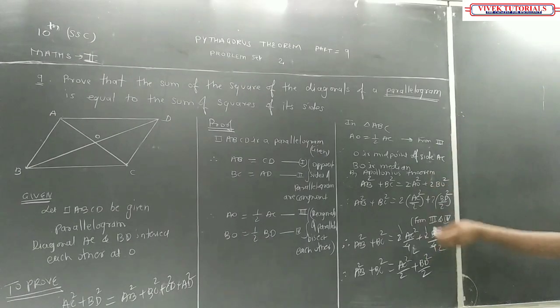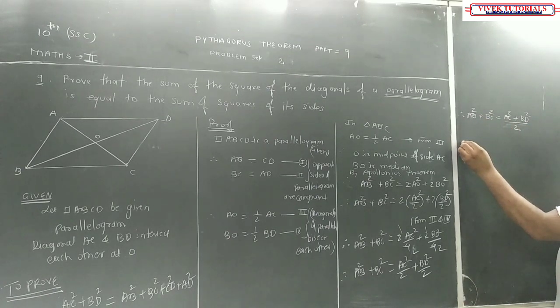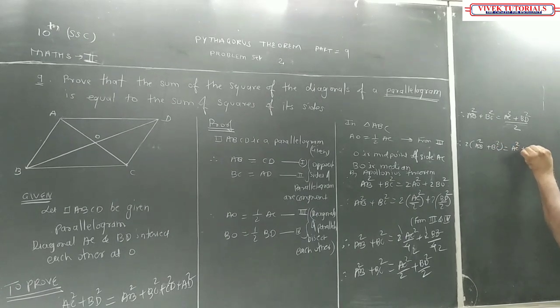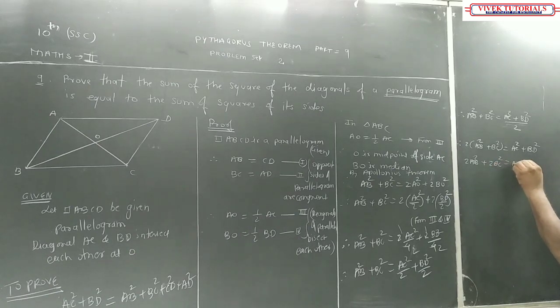Therefore, I can write AB square plus BC square is equal to AC square plus BD square upon 2. So, if I transfer 2 on that side, then 2 in bracket, AB square plus BC square is equal to AC square plus BD square. So, it will become 2AB square plus 2BC square is equal to AC square plus BD square.